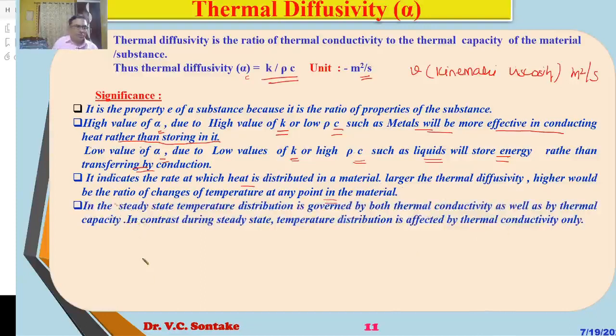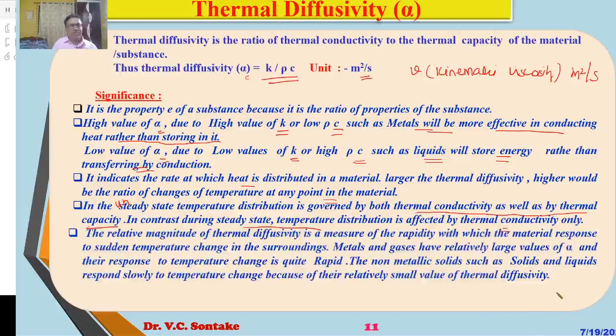Now, please correct it. In the unsteady state, temperature distribution is governed by both thermal conductivity as well as thermal capacity. That is, unsteady state heat transfer depends on thermal diffusivity, whereas in steady state, the temperature distribution is affected only by thermal conductivity.